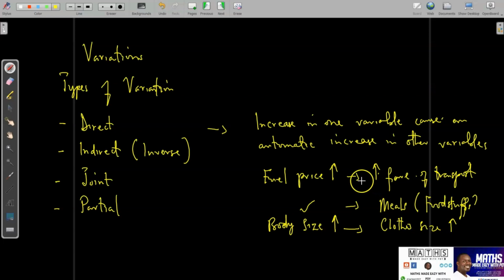That is also direct variation. But we normally consider direct more of when it increases, but it can be the other way around also. When there's a decrease in one quantity, there will automatically be a decrease in the other. Please, are you all with me? Any questions so far on what I've explained with respect to direct variation?